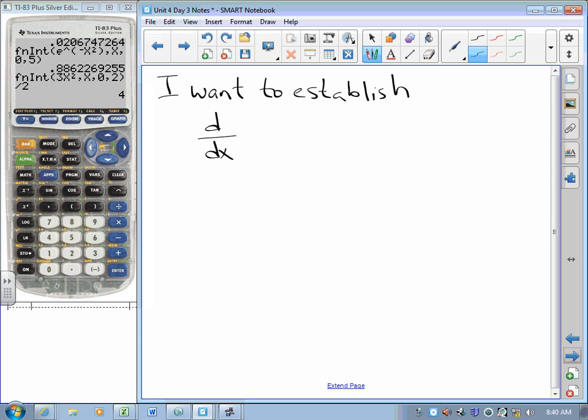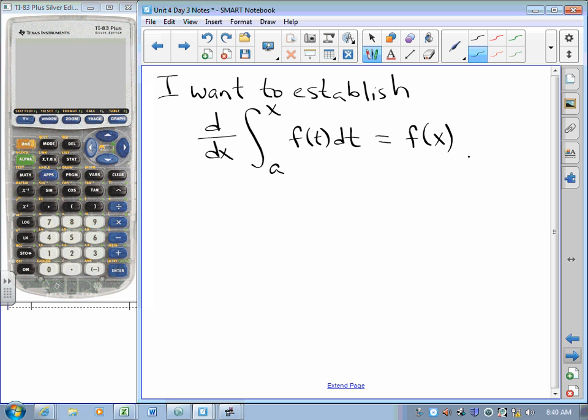If you were to take the derivative with respect to x of a function that was itself an integral, the integral from some number a to x of some function, I maintain that that derivative is the same thing as our function evaluated at x.